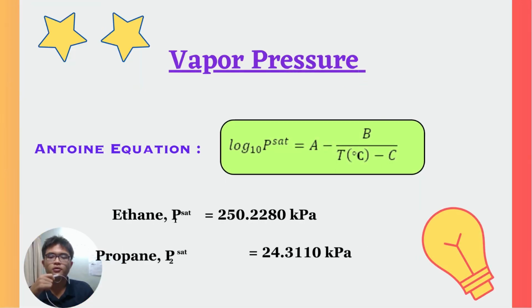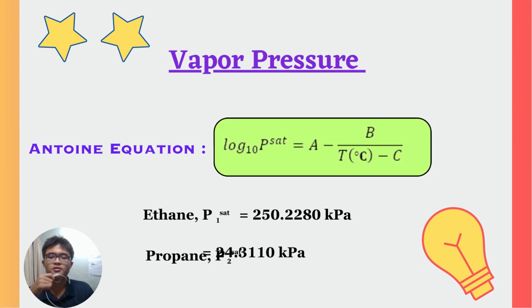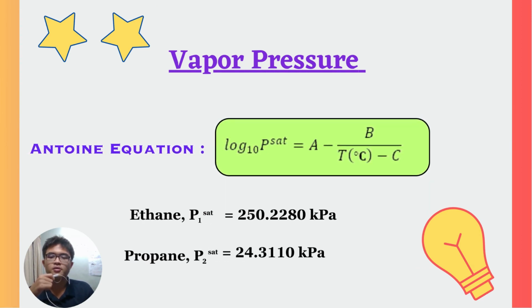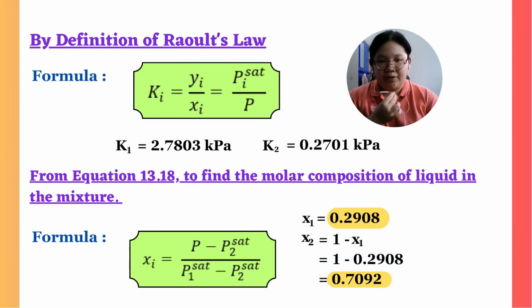Okay, so by referring to table A1, we can now substitute the A, B, and C constants into this Antoine equation in order to find the P saturated for ethane and propane. The P saturated of ethane is 250.228 kPa, while for propane it is 24.311 kPa. By definition of this law, we can calculate the K value as the vapor pressure divided by the operating pressure.